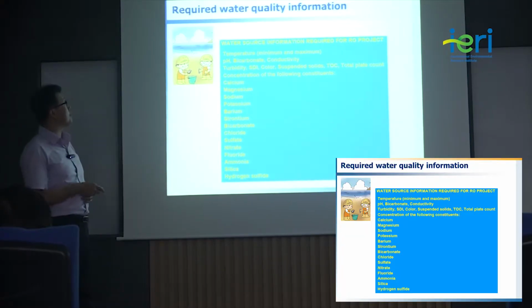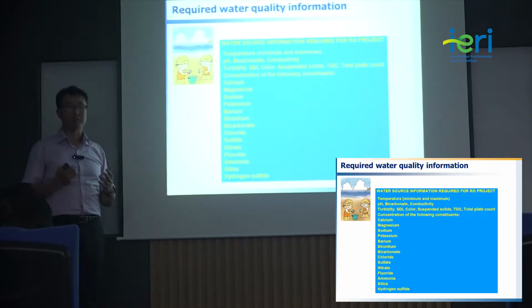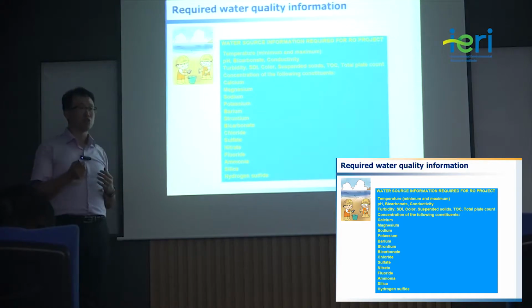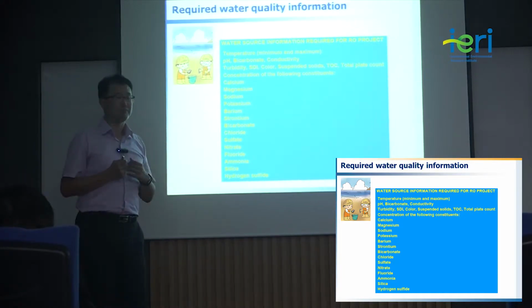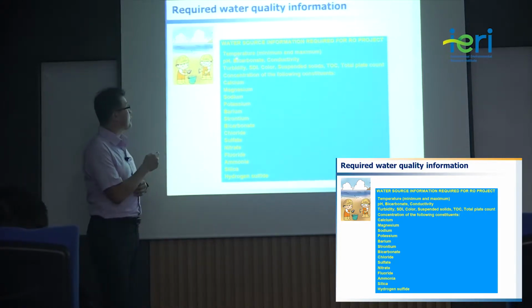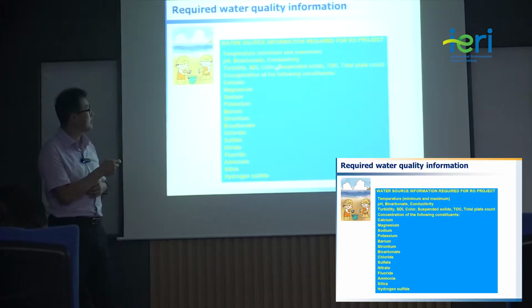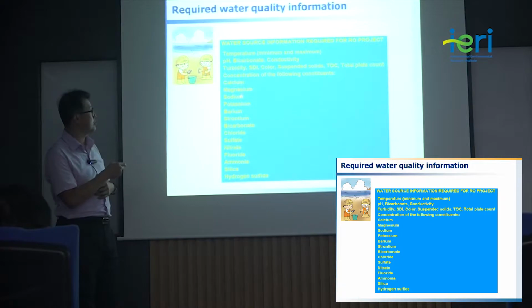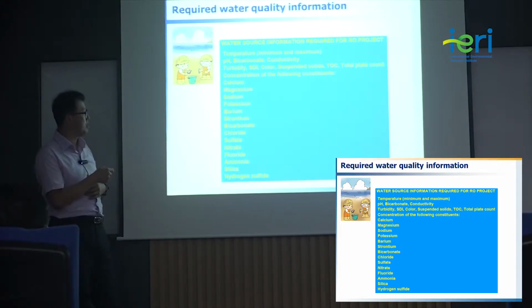This list shows the required water quality information to design the reverse osmosis system and the pretreatment system, like temperature, pH, turbidity, and ionic concentrations: calcium, magnesium, sodium, potassium, barium, strontium.